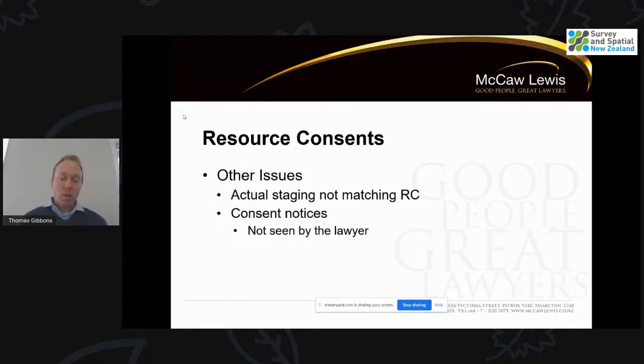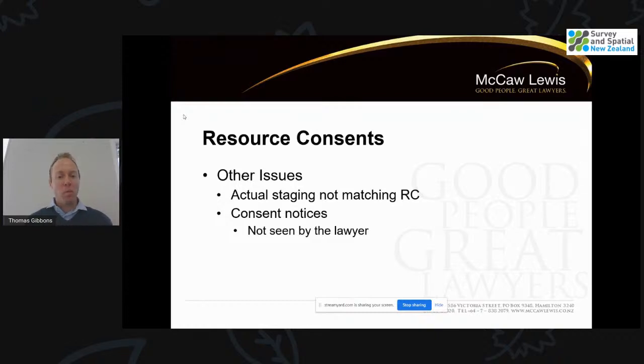Some of the other resource consent issues we see come up are where the consent envisages a staged subdivision and what's actually done on the ground then doesn't match that up. So again, you want to keep enough flexibility in that you don't have to go seeking a variation at a late stage.